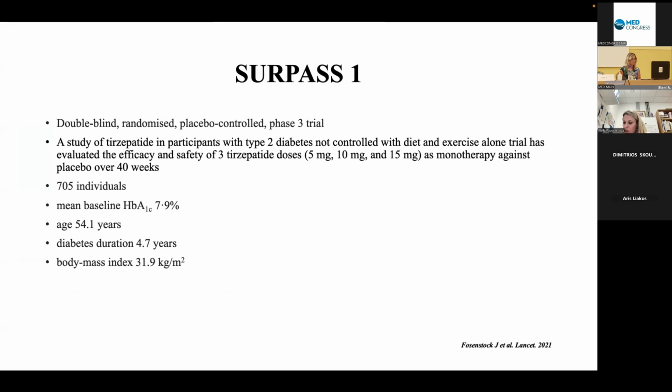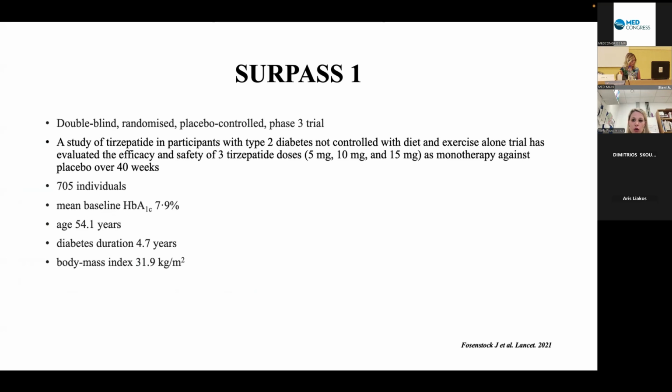For the moment, I'm just going to highlight the key points for the SURPASS clinical trials, SURPASS 1 to 5. I'm going to start with SURPASS 1, which is a double-blind randomized placebo-controlled phase 3 trial. It was a study of tirzepatide in participants with type 2 diabetes not controlled with diet and exercise.